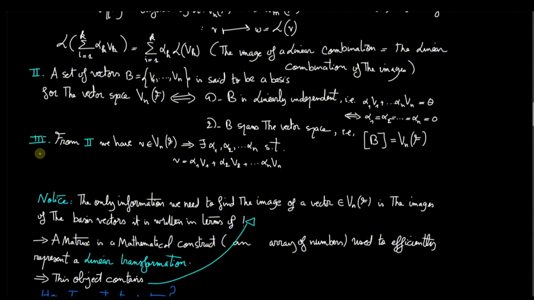So if we select a certain basis, let's call it B_V, that is equal to v1 all the way to vn, for that vector space, and we take a vector v belonging to it, then v can be written as alpha 1 v1 all the way to alpha n vn, right?